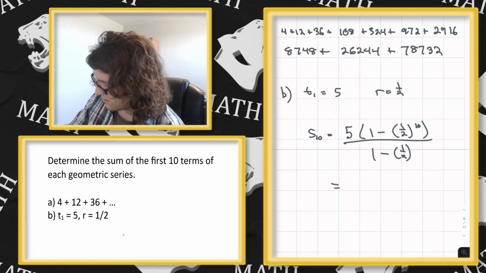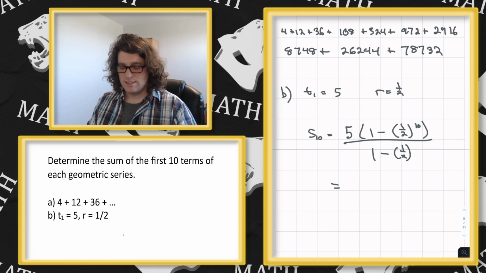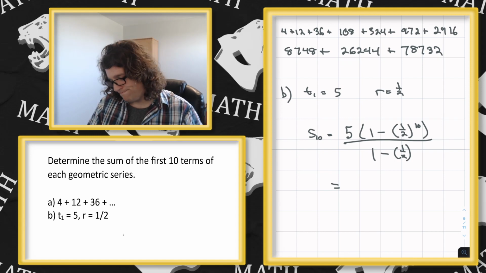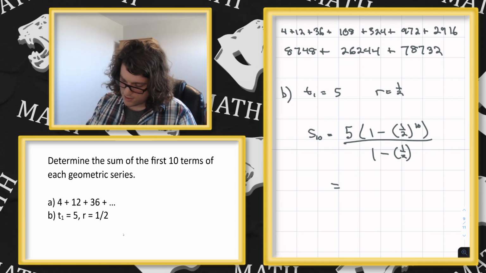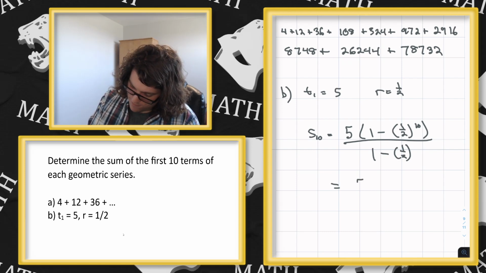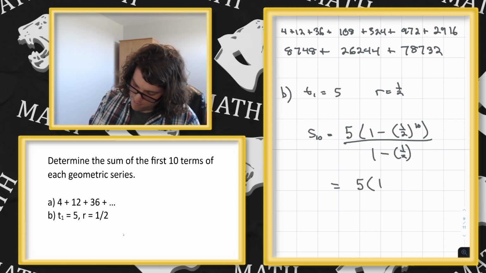In this particular case, I am going to do it as a fraction, I think. So 2 to the power of 10 is 1024. So it's 5 times 1 minus 1 over 1024, over, and then that's just a half in the denominator.